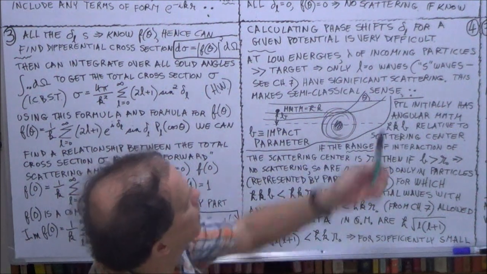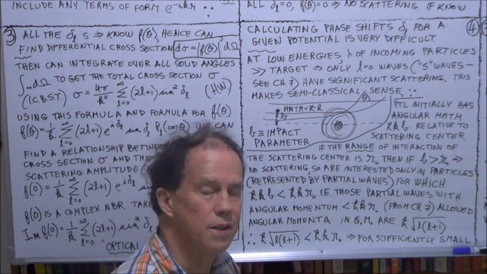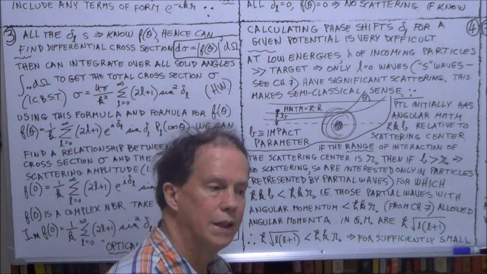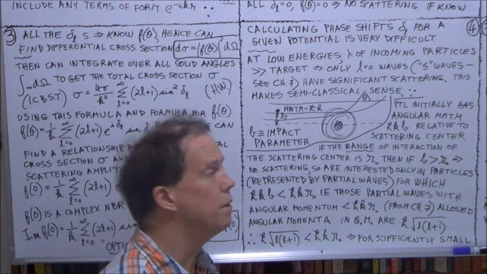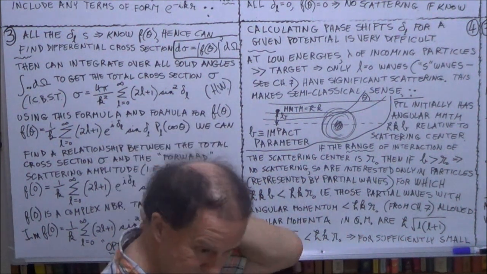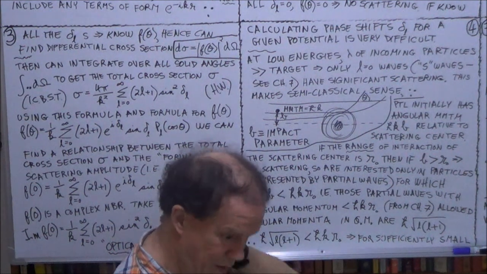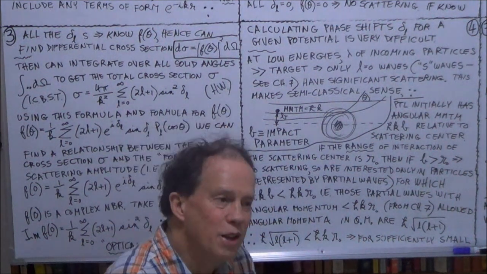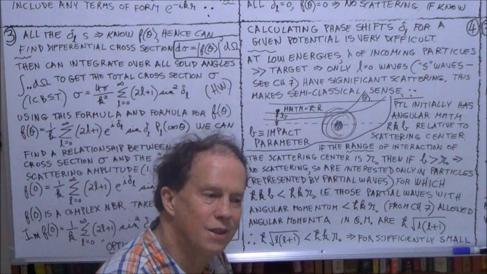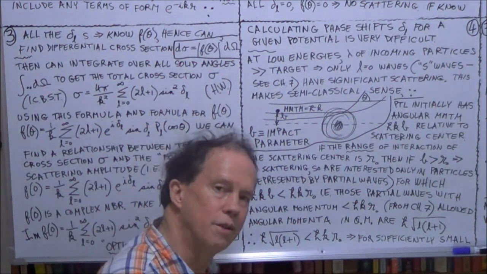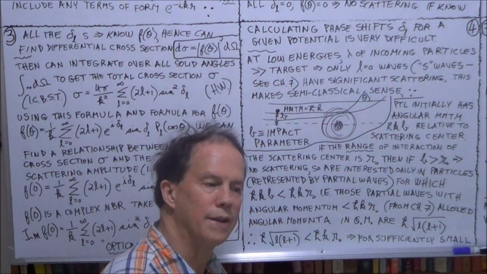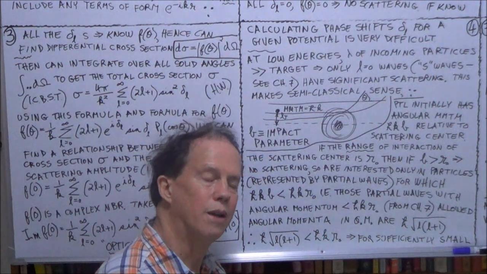Okay. Now, calculating what these phase changes, these deltas, are in general is very difficult. So, as usual, you simplify your models so that you can at least say something, so you can solve at least some things, and then take it from there.